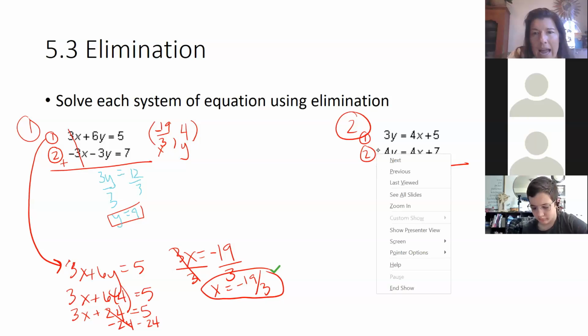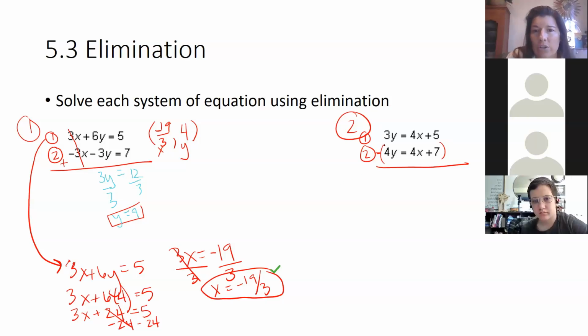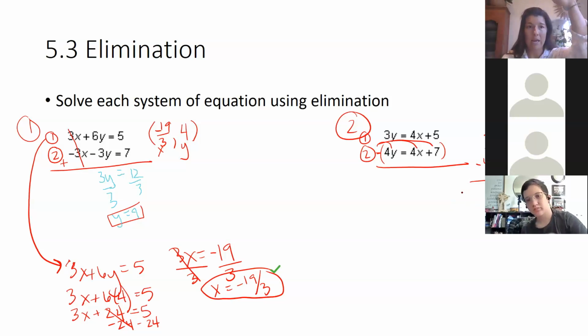When I subtract, I have to make sure that I subtract every single term on that bottom equation, which means I'm going to have to distribute that negative through. So I'm going to rewrite so I have a minus 4y equals minus 4x minus 7. And notice only then am I able to add them straight down.